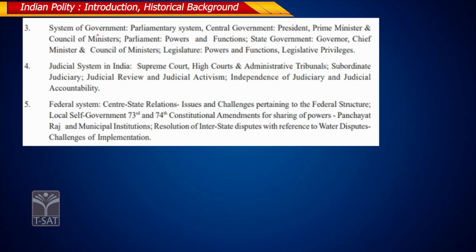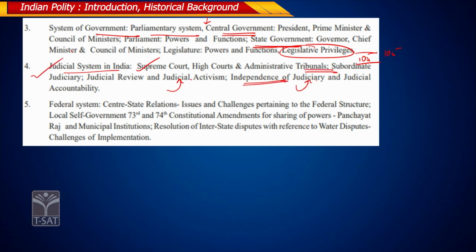And thirdly, system of government, this is parliament, parliamentary system, central government, state government, legislative privileges, this is Article 105. So, you have judiciary, Indian judiciary, judicial activism, independent character of judiciary, tribunals, fast track courts, subordinate courts, all this we cover.